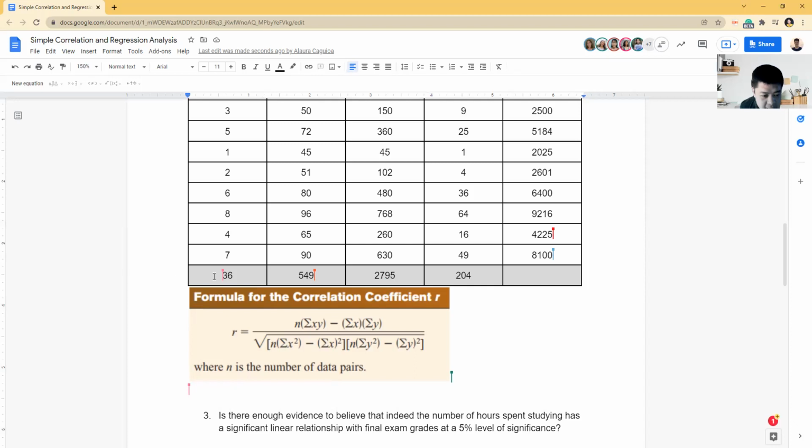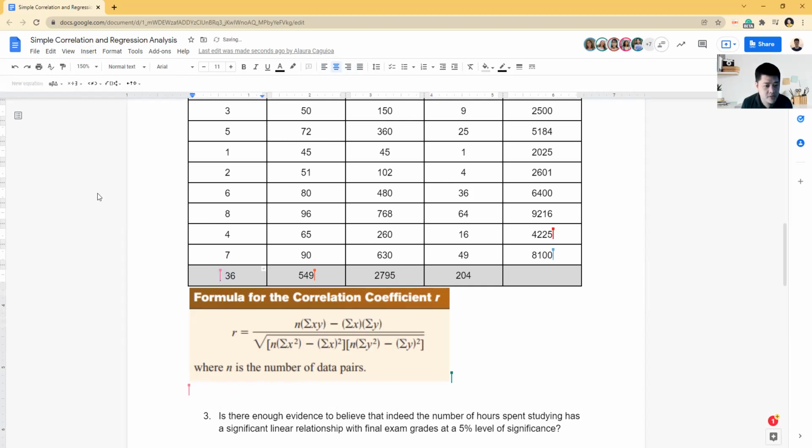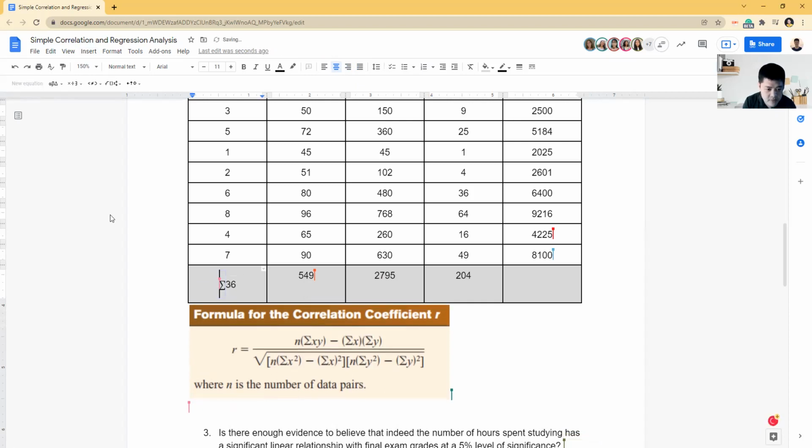Okay. So para hindi tayo malito, I'm going to label. 36 is the sum of x, and the 549, this is the sum for y.